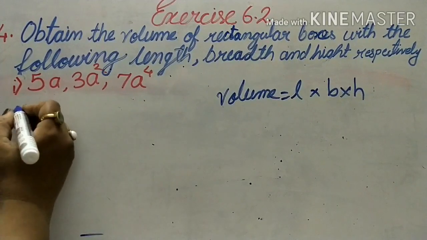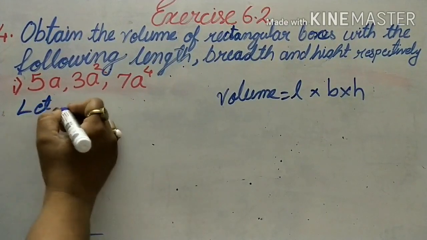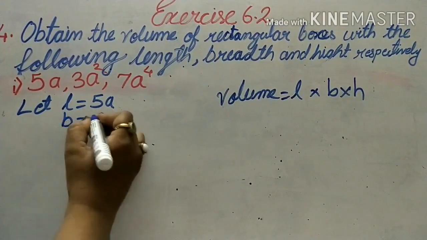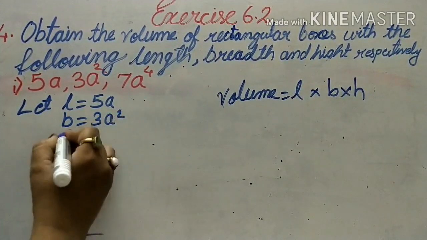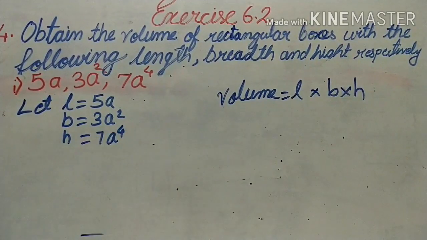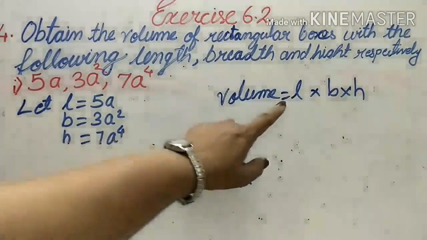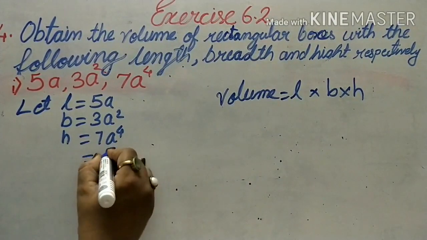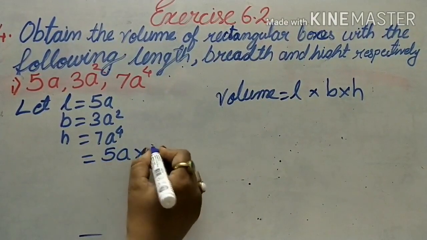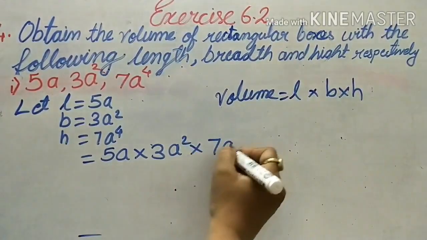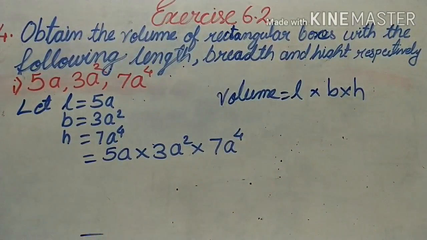So what we have to consider here in the first question, they are given 5a, 3a square, 7a raised to 4. So first we'll consider let length is equal to 5a, breadth is equal to 3a square and height is equal to 7 into a raised to 4. So these values we have to substitute in this formula. Volume is equal to 5a into 3a square into 7 into a raised to 4.